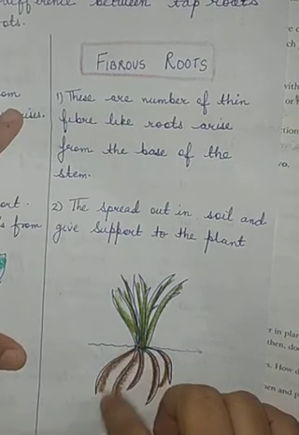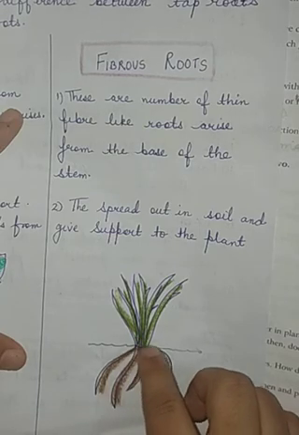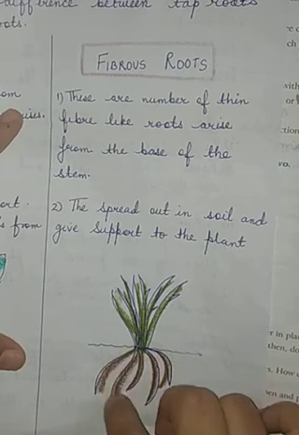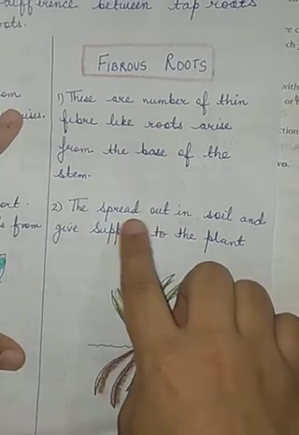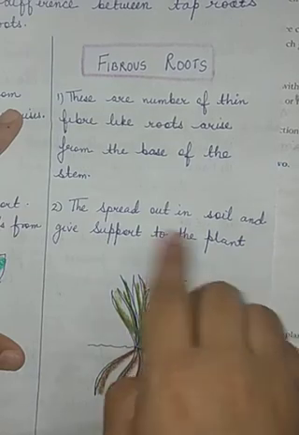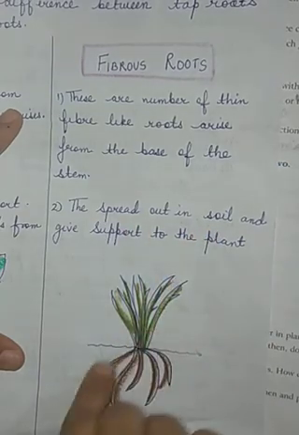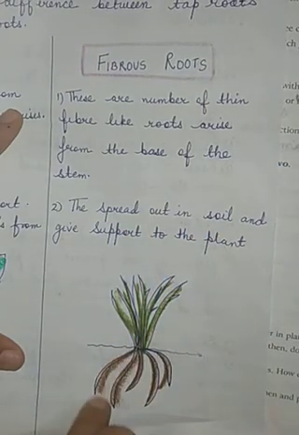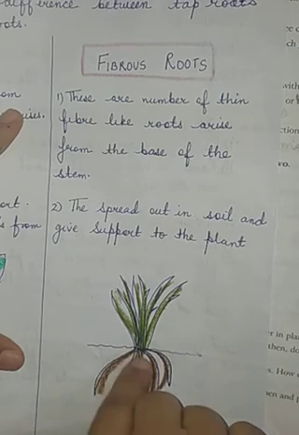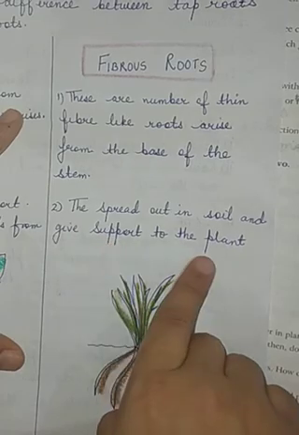From this many roots are arising, these fiber-like, thread-like structures, and these roots are known as fibrous roots. They spread out in the soil and provide support to the plant. They spread out because they are many in number, and they reach different areas near the plant and support the plant also.